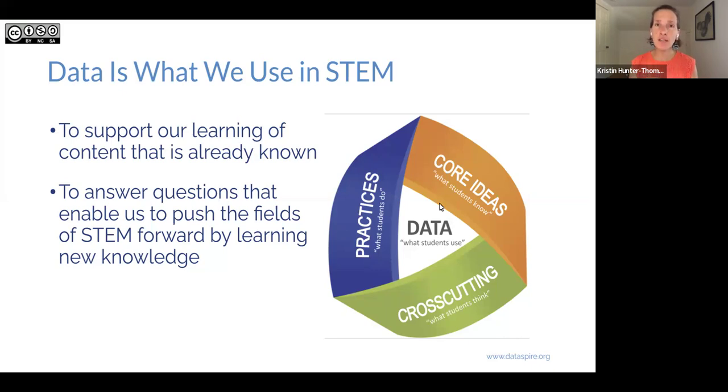But what I want to emphasize, and where we came from, is that data is what we use to do all of these things. This is the difference between our STEM fields, with their practices, processes, and approaches to making sense of the world, and the humanities. I'm not saying one is better than the other, just that this is a difference between them.